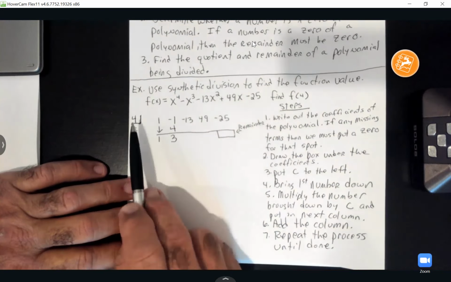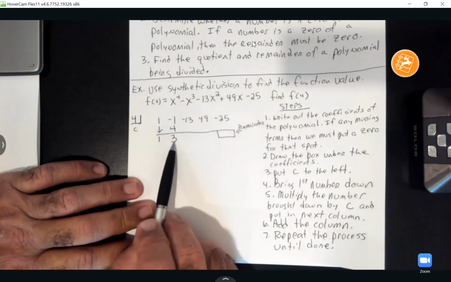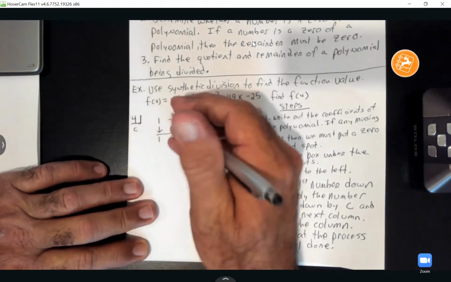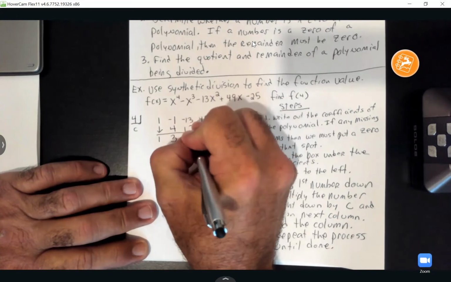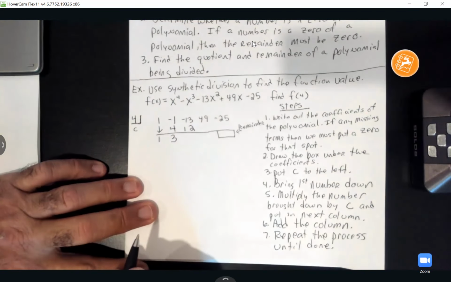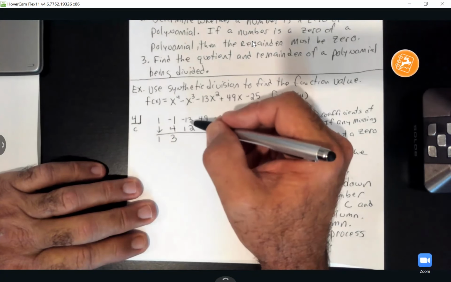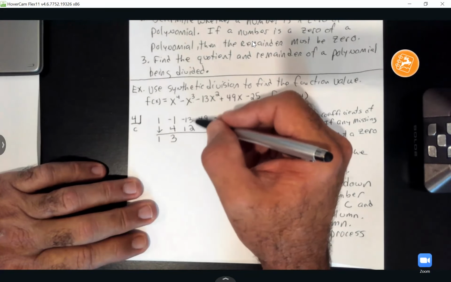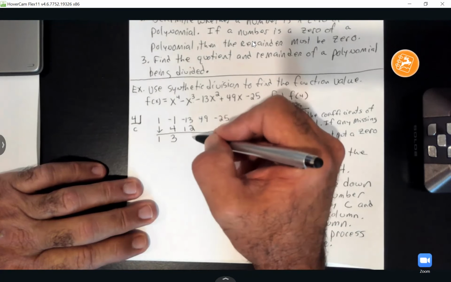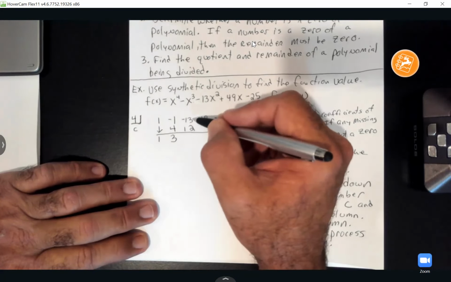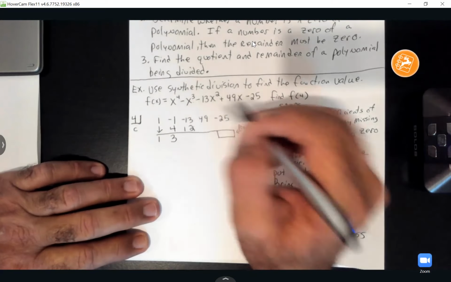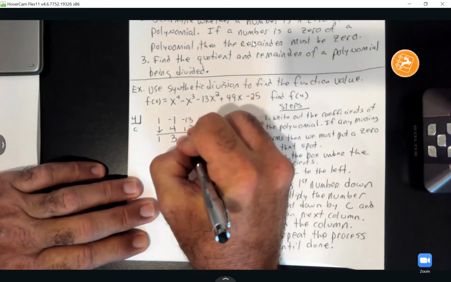The 3 is going to multiply by the 4. So 3 times 4 is 12. That 12 now goes into the next column. So I now have a column of numbers. We're going to add this column up to get the next number below the line. So -13 and +12 give me a -1.